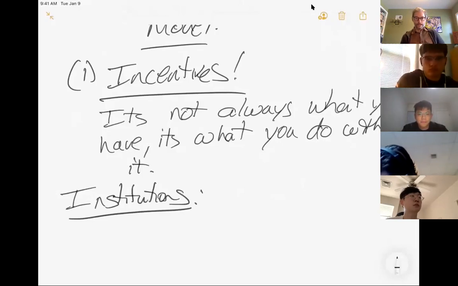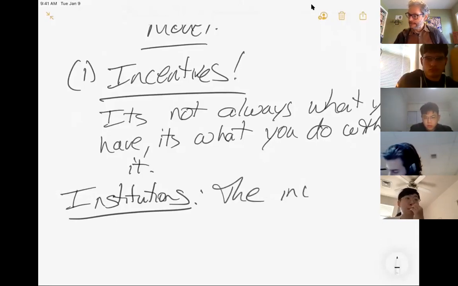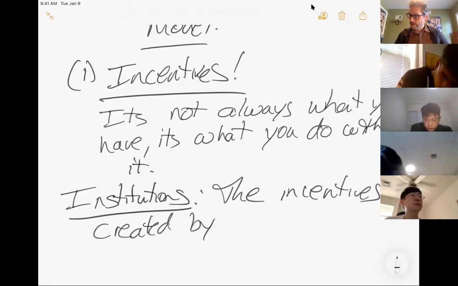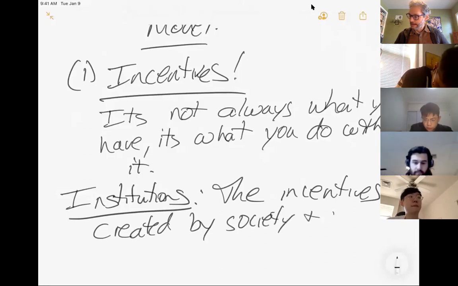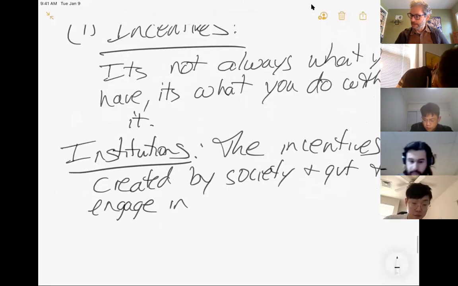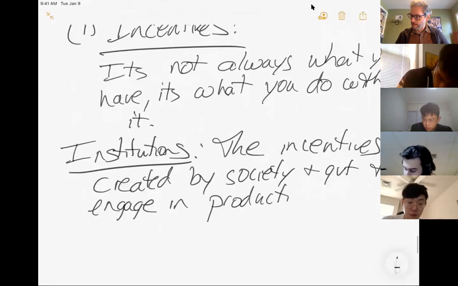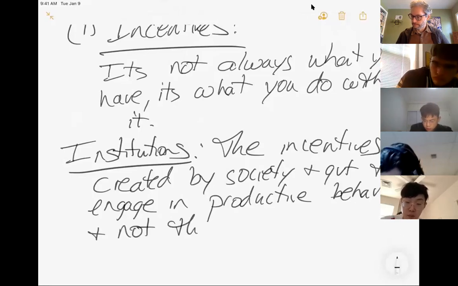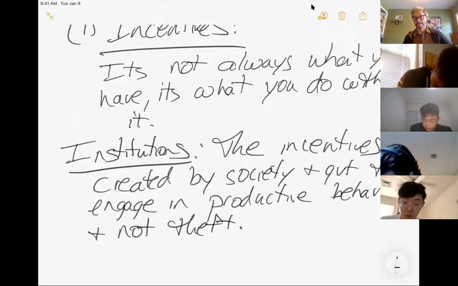Okay, institutions, and what do we mean by economic institutions? Institutions obviously can mean a lot of different things, but in terms of growth, what we mean by institutions is the incentives created by society and government to engage in productive behavior and not theft.